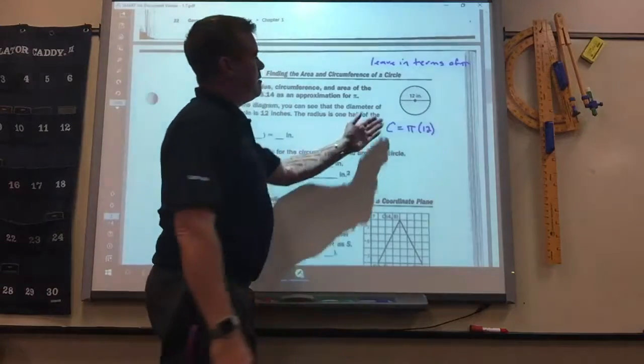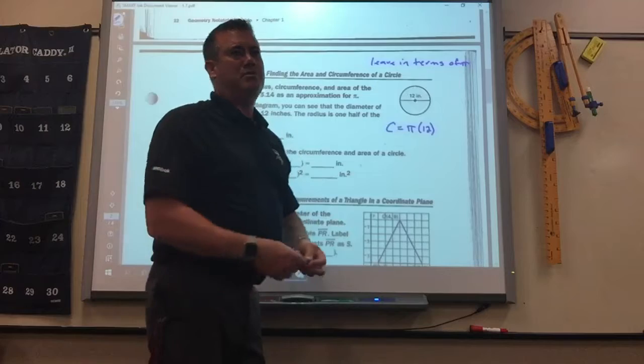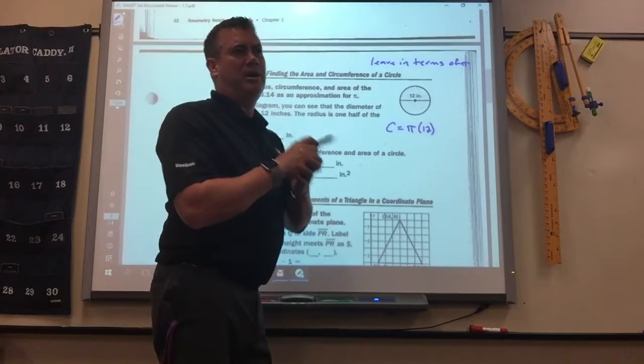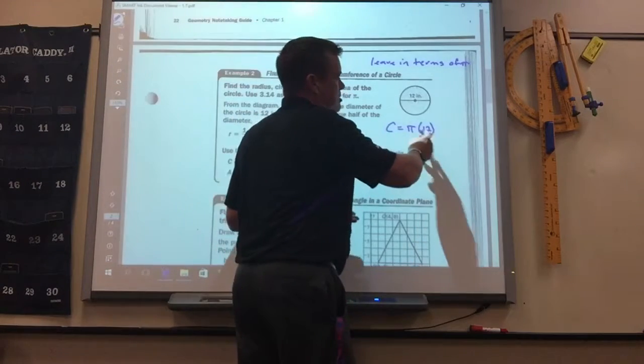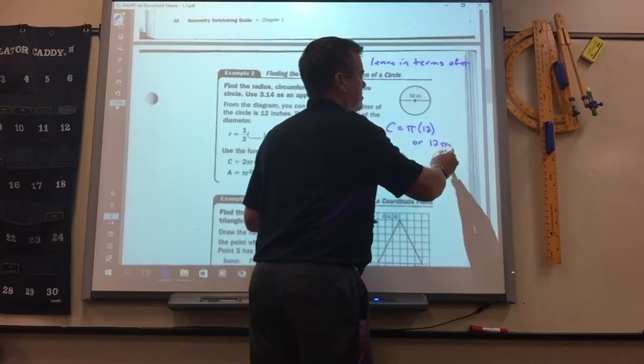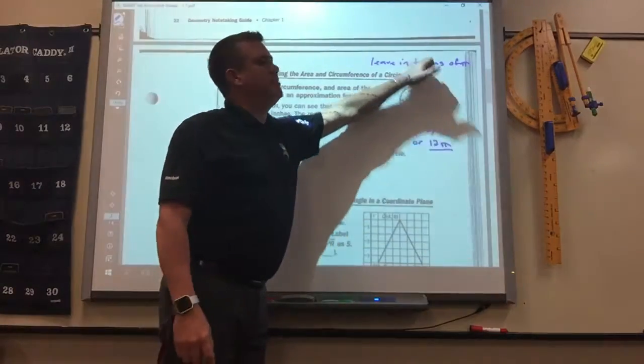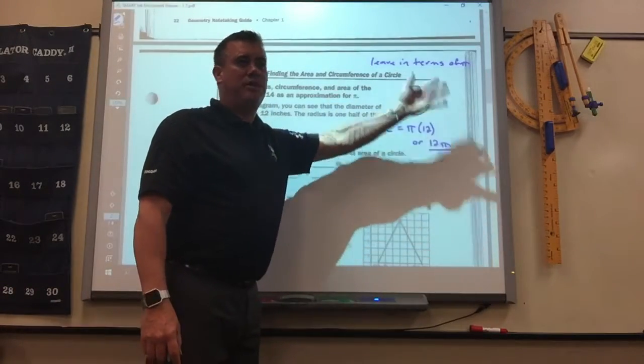So the circumference is pi times 12. When they say leave in terms of pi, that means don't actually multiply them together. The answer is pi times 12, but the way you'd write it is 12 pi. It's easier to say, easier to read. So that's just leaving in terms of pi. So you don't have to do the math.